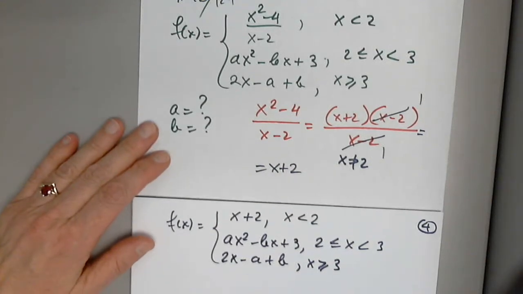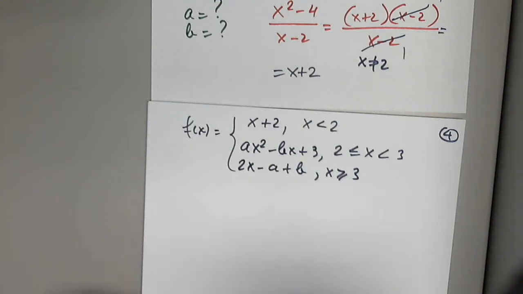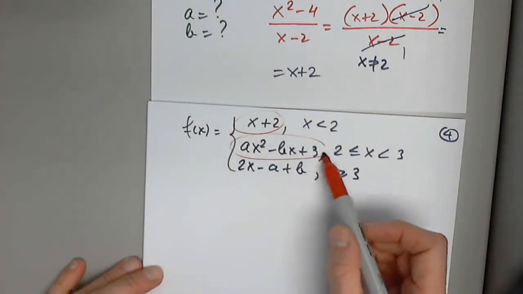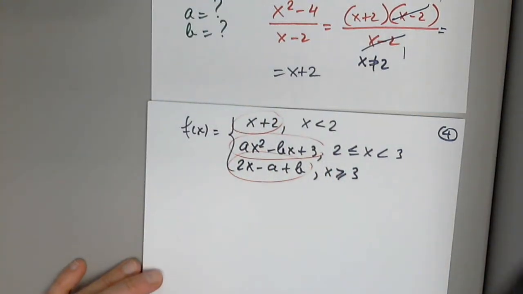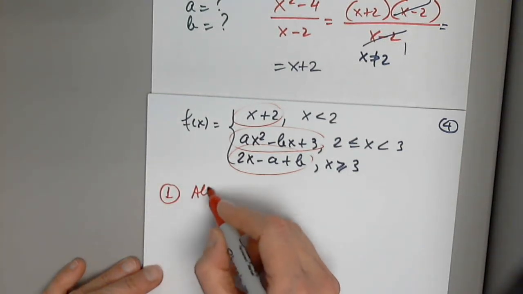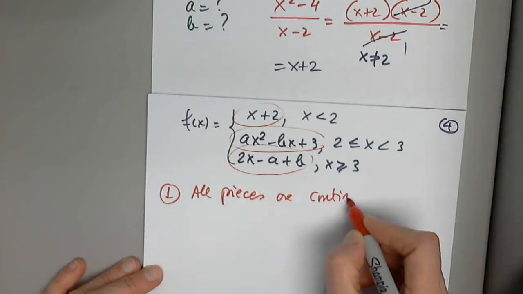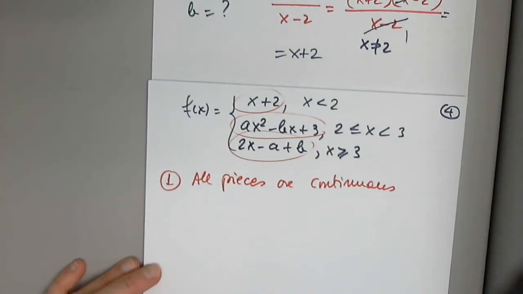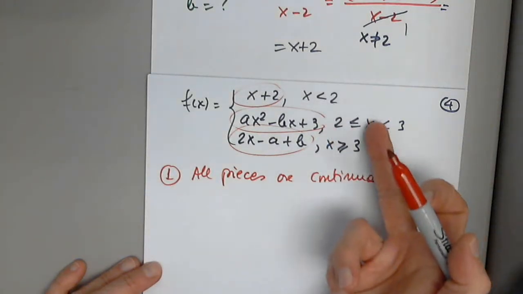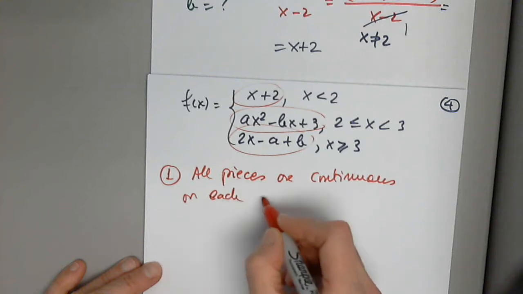Is that clear? Perfect. So now, can anyone tell us what type of functions these are? This function, and this function. Good. I will say, number 1, all pieces are continuous on their domain, on each domain.